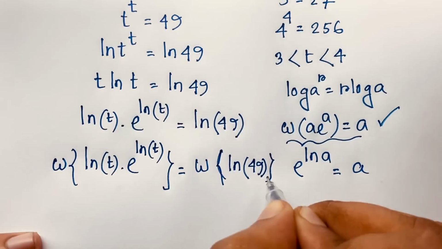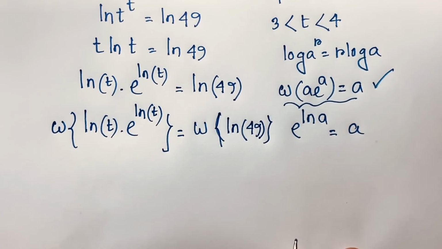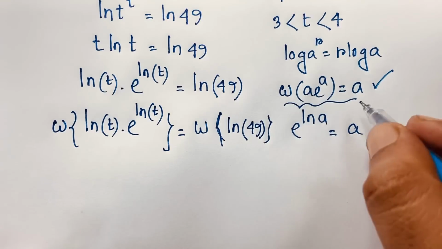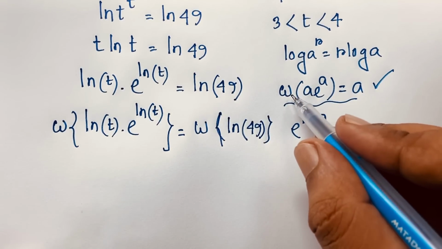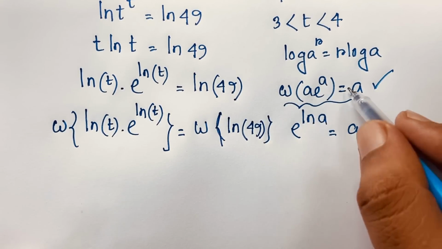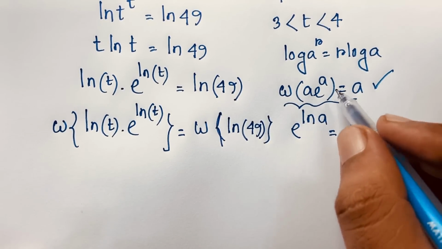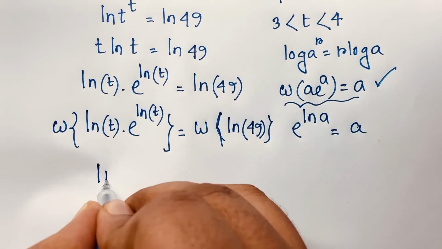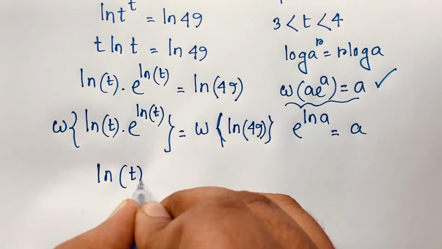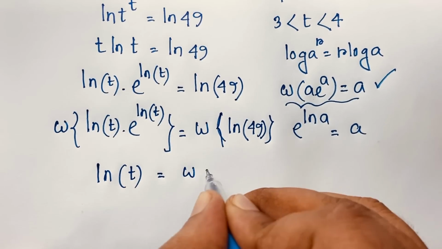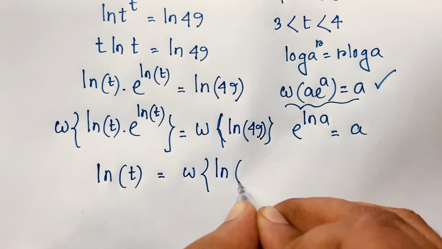I use the Lambert W function on both sides. Now according to this formula, Lambert W function of a e to the power a is equal to a. So if I apply this math formula here, it will be ln t is equal to Lambert W function of ln 49.